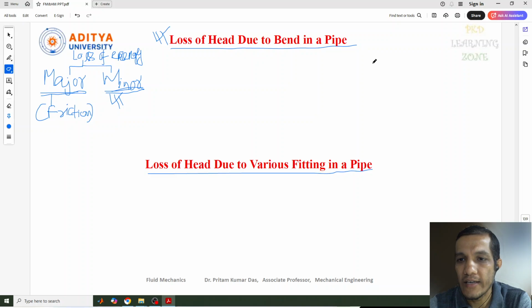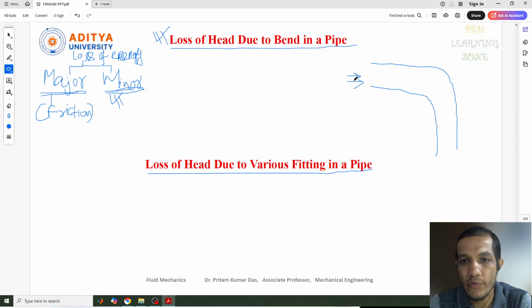Let us consider a pipe, and through the pipe the fluid is flowing with a velocity v. As long as the pipe is continuous, the fluid flows all over the boundary or surface of the pipe.